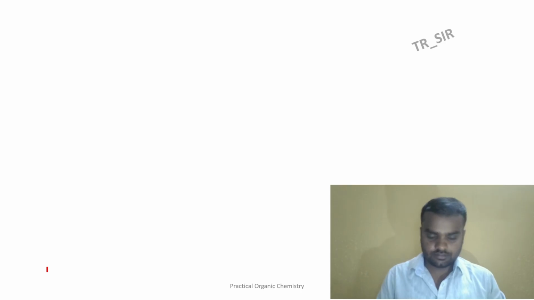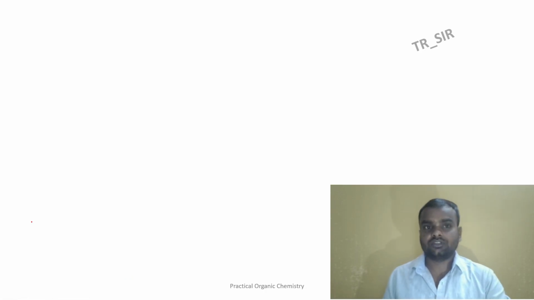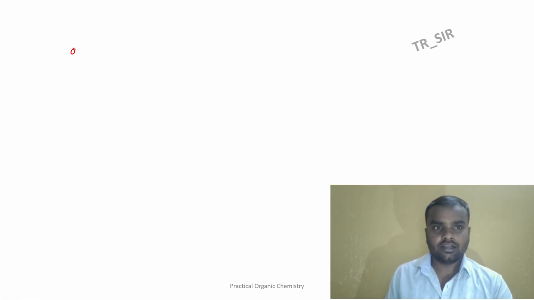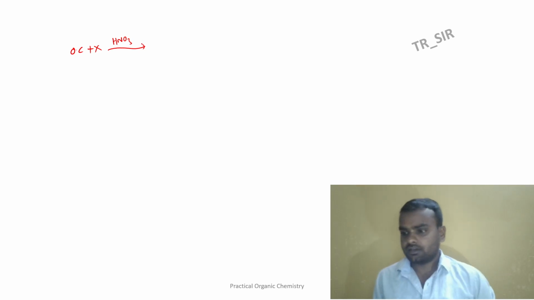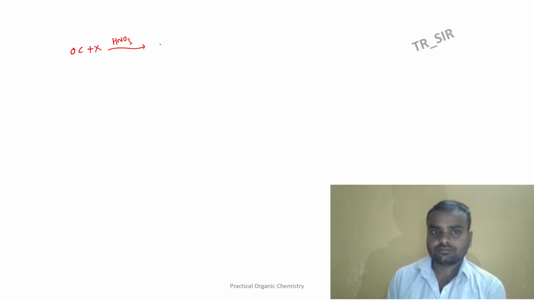For example, we have taken the organic compound containing halogen, right? We are treating it with fuming nitric acid. So what is happening in this case?